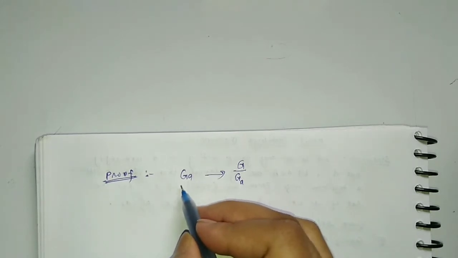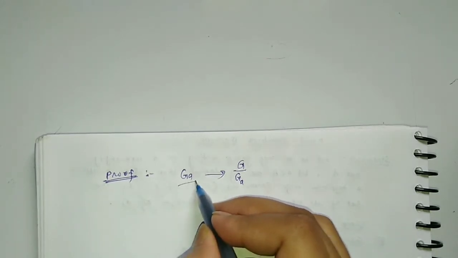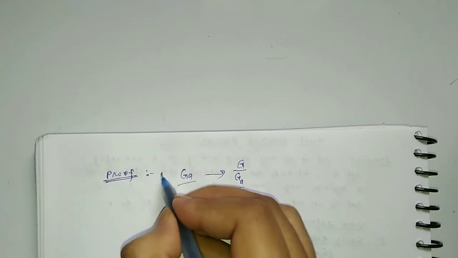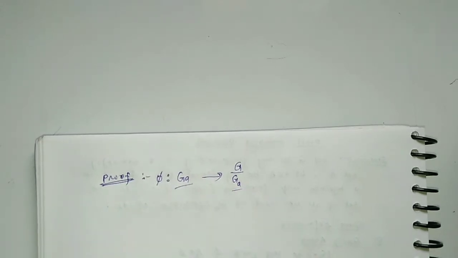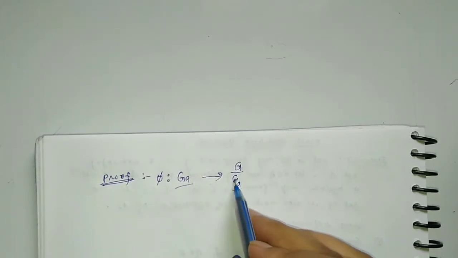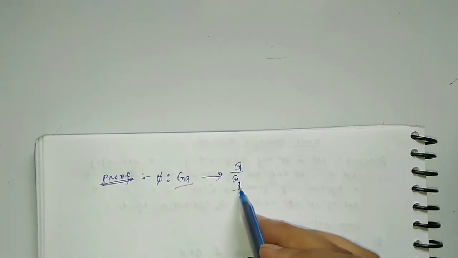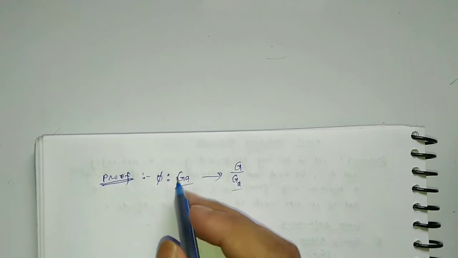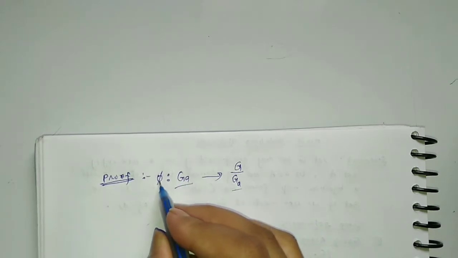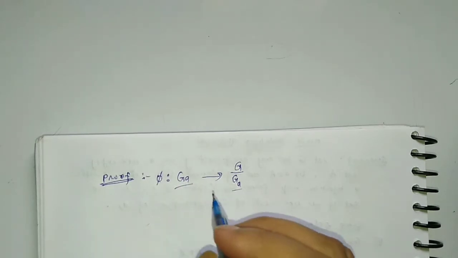So let phi be any function from Ga to G upon Ga, that is set of all left cosets of stabilizer of a in G. So we have to prove that this function phi is a bijection map.